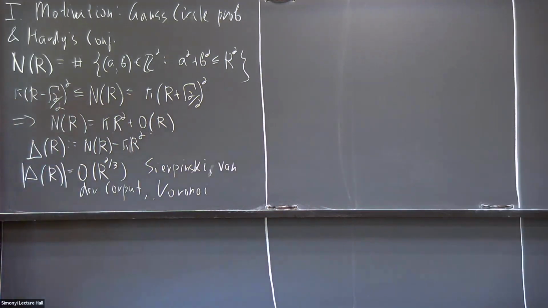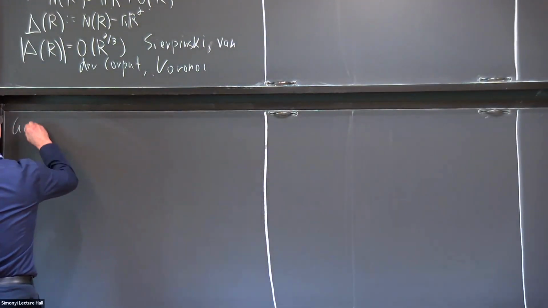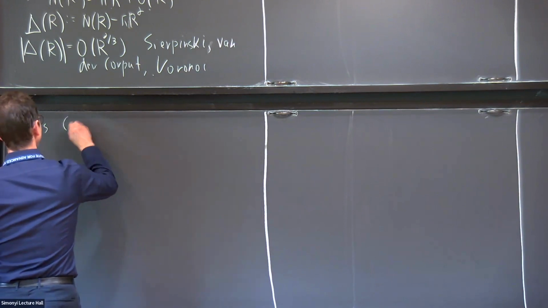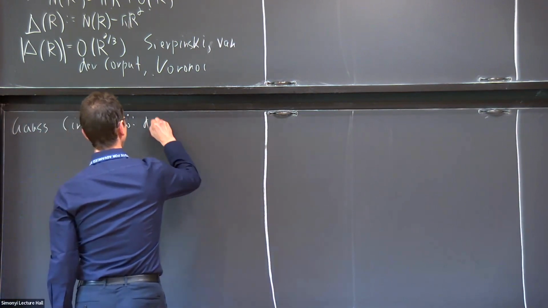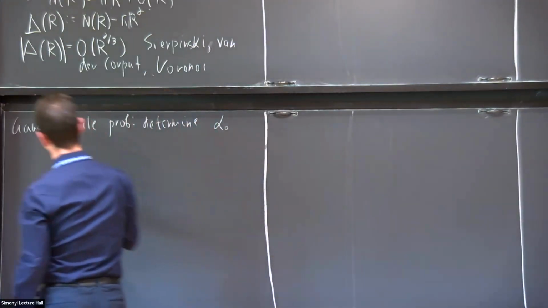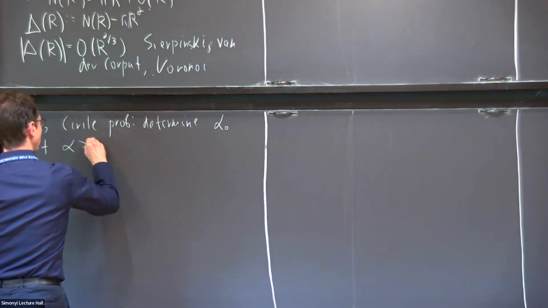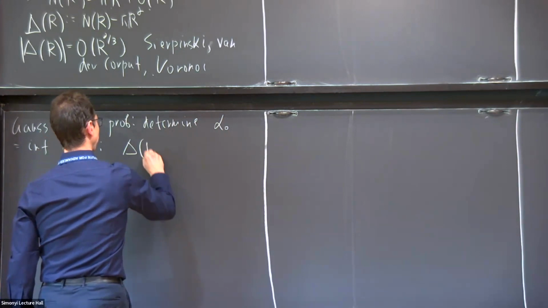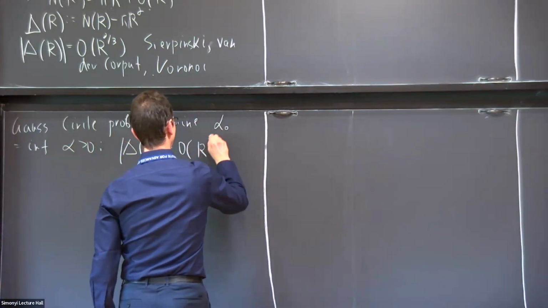This is not the optimum. The Gauss circle problem is to determine the optimal exponent in this upper bound: alpha naught, which is the infimum of alpha such that Delta(R) is big O of R to the power alpha.